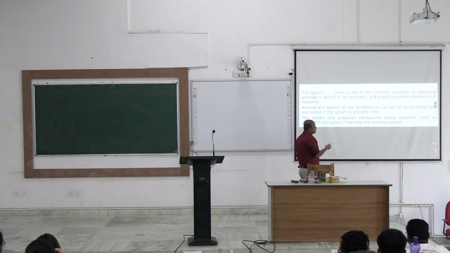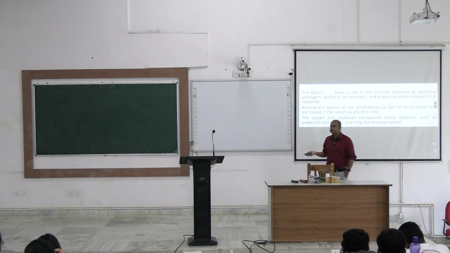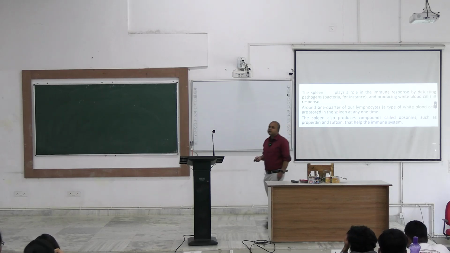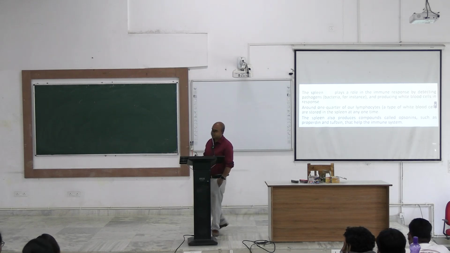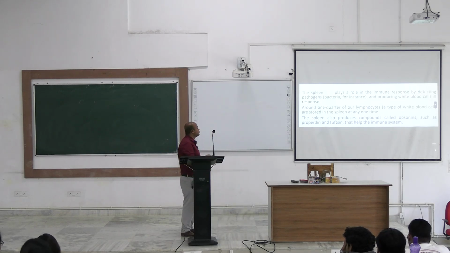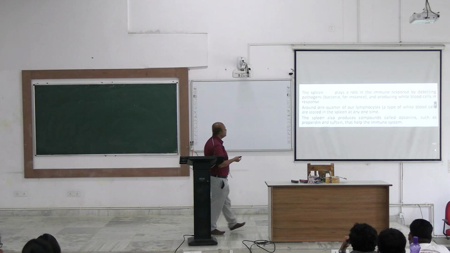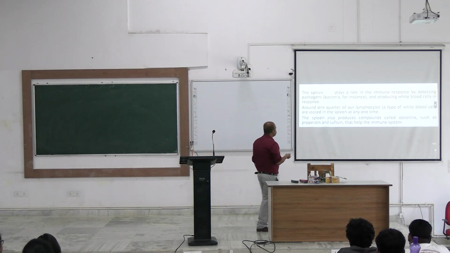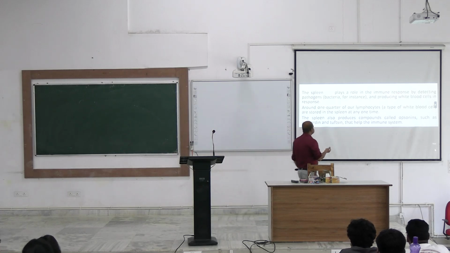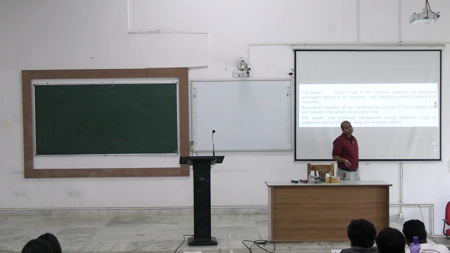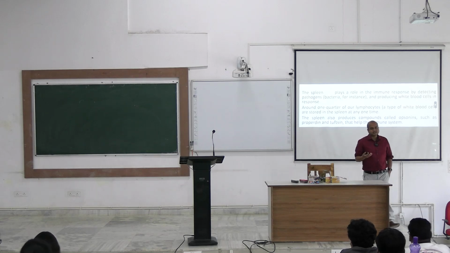Also the spleen plays a role. Again, as we said, the spleen probably does not have any function which is exclusive to itself. The spleen plays a role in the immune response by detecting pathogens and sometimes producing some white blood cells, or it takes over when the bone marrow has reached its limit.